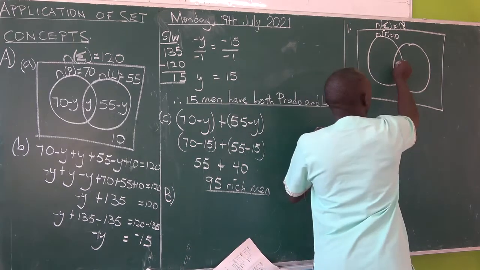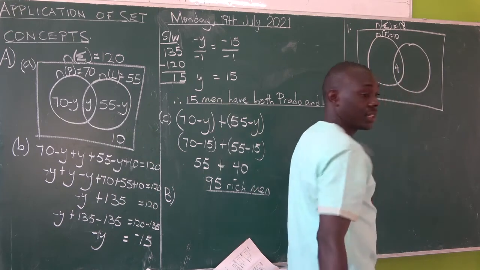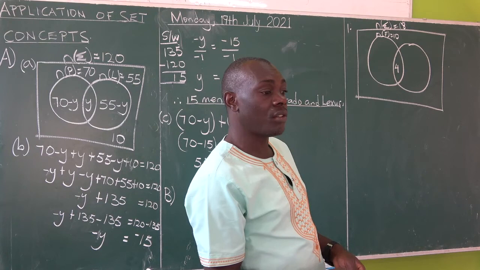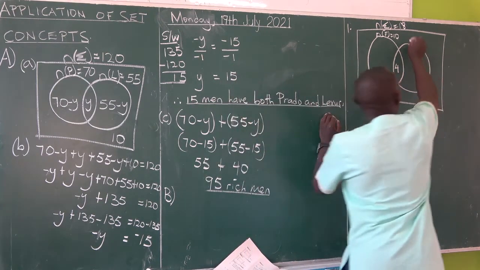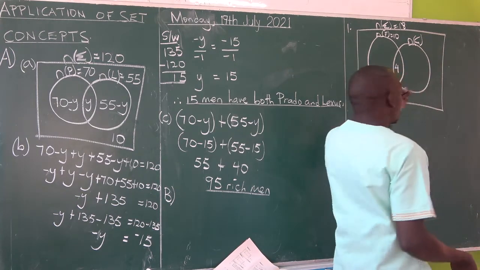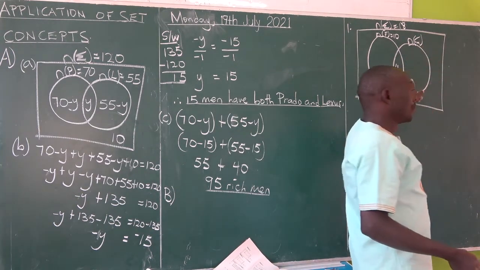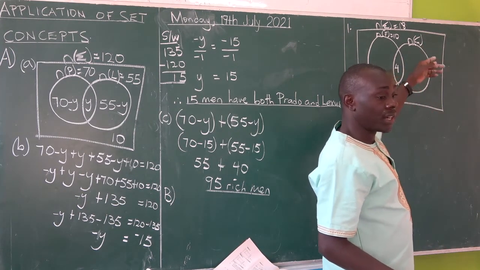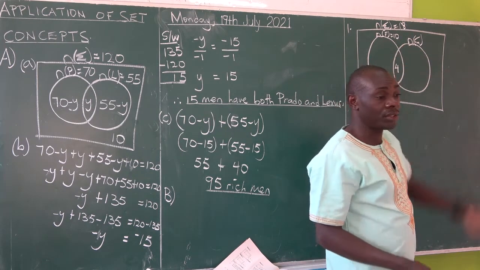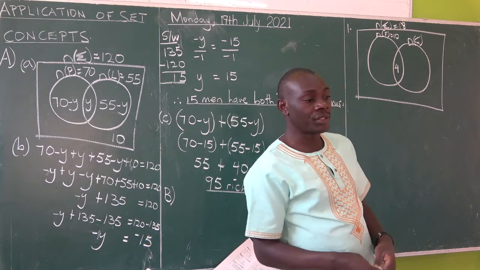So the 4 comes in the middle here. Then it goes X drank only Coke. So you must know this is number of elements in set C. There is Coke and Coke only. So always look at the word only. Another way of saying the word only, they will use the words but not.